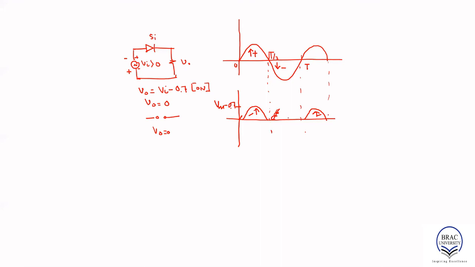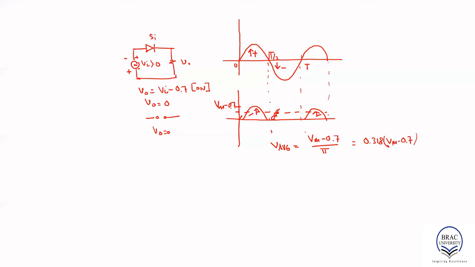So, half wave rectifier. And we found the V average, this average value is somewhere in between, and it is Vm minus 0.7 divided by pi, which is 0.318 Vm minus 0.7.